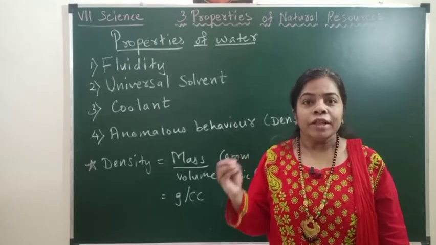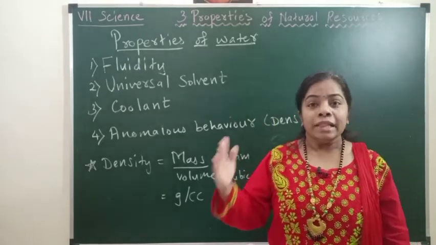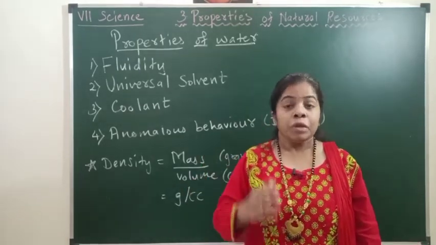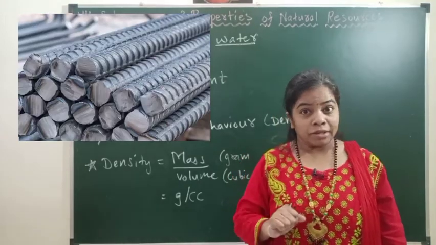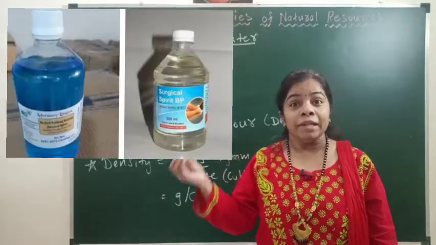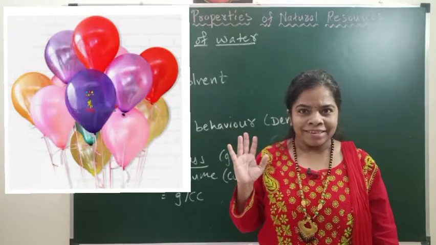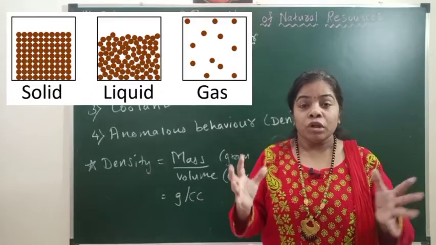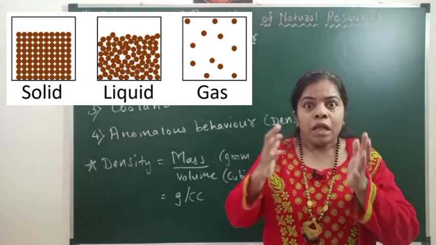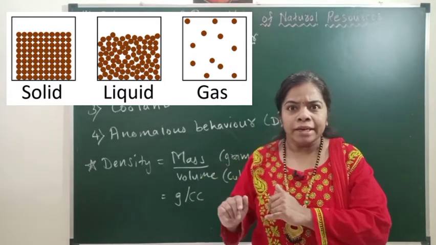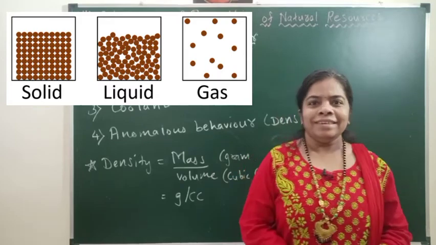Generally, when you think about solids, liquids and gases, solids are heaviest, liquids are comparatively lighter, and gases are lightest, right? Density also, solids are very heavy, liquids are a bit light, and gases are very light.